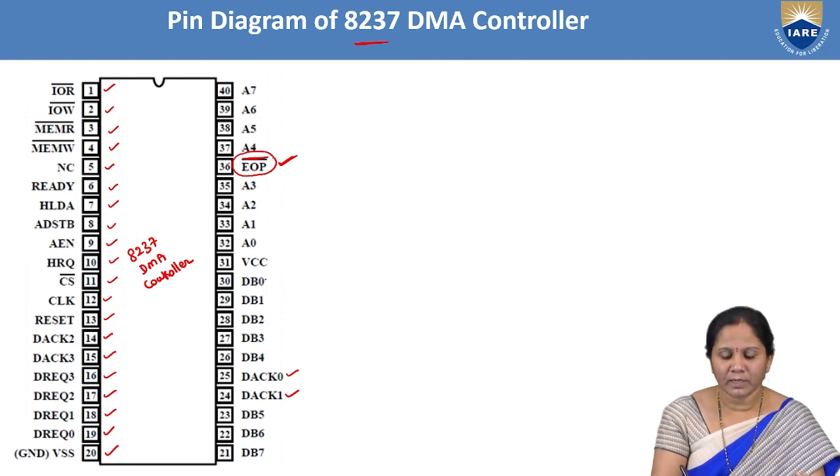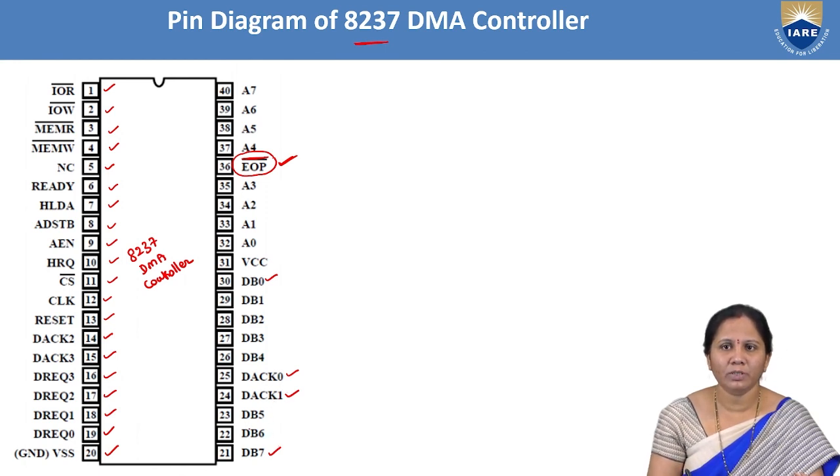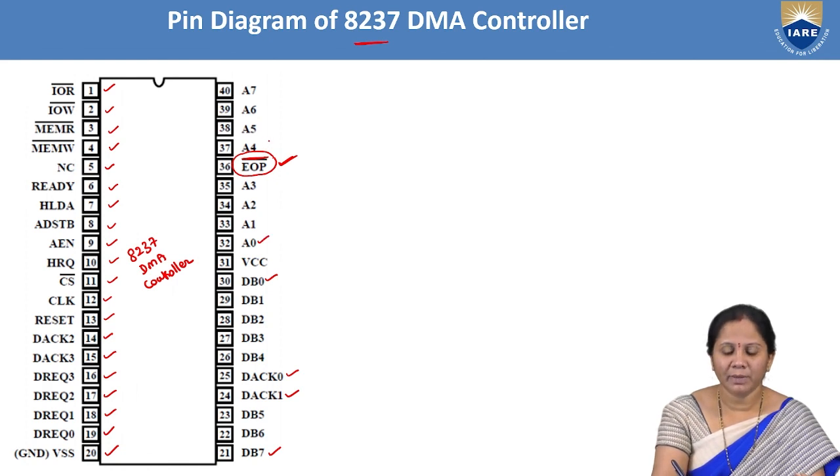And next, we can observe DB0 to DB7, that is multiplexed. This DB0 to DB7 represents the data bus, a bidirectional data bus. And here we can observe the 8-bit address, that is A0 to A7.